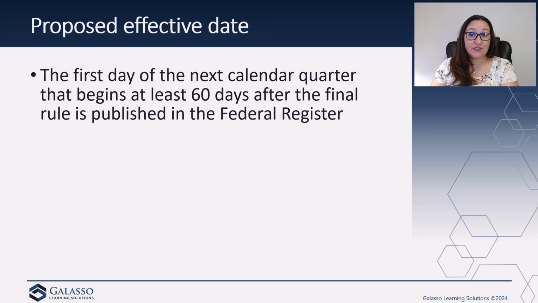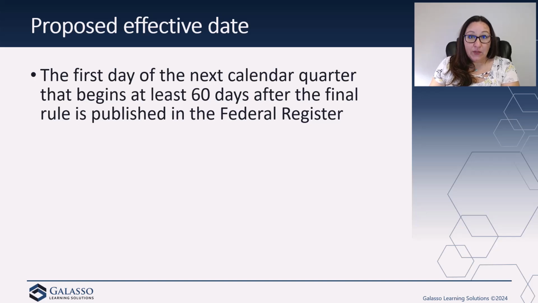The proposed effective date for the joint final rule is going to be the first day of the next calendar quarter that begins at least 60 days after the final rule is published in the Federal Register.